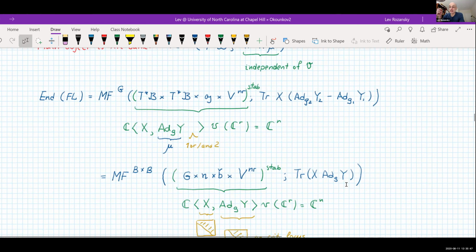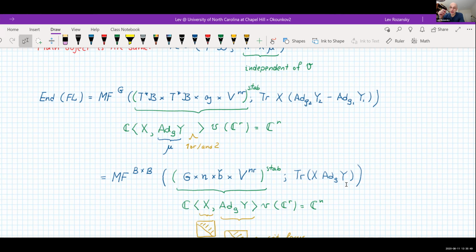Which means that I can still do Knorr. So if I do not impose the stability condition on Y1 and X, and only on Y2 and X, then my Y1 is unrestricted, and I can do Knorr, and I can kill the lower triangular part of X by this Y1.